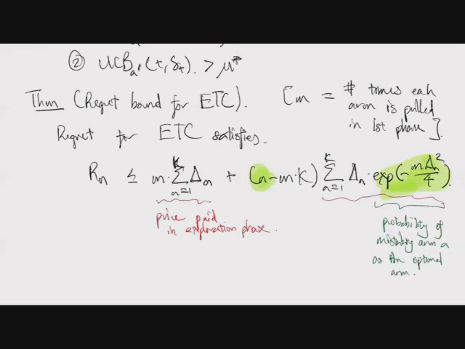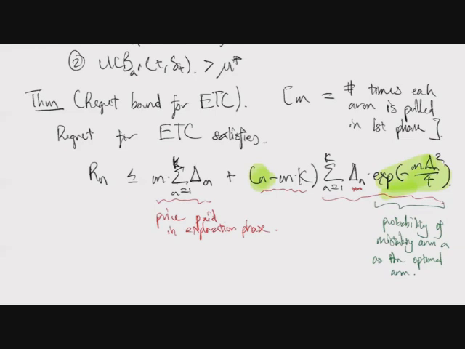And if that happens, if we mistake arm A as the optimal arm, then for every round, the price that we pay is going to be the suboptimality gap, so it's going to be delta A. And because the number of rounds left is n minus m times k, the price that we pay is n minus m times k, times delta A. So we have to take this price and multiply it by the probability of the bad event, and that gives us the price for one arm.